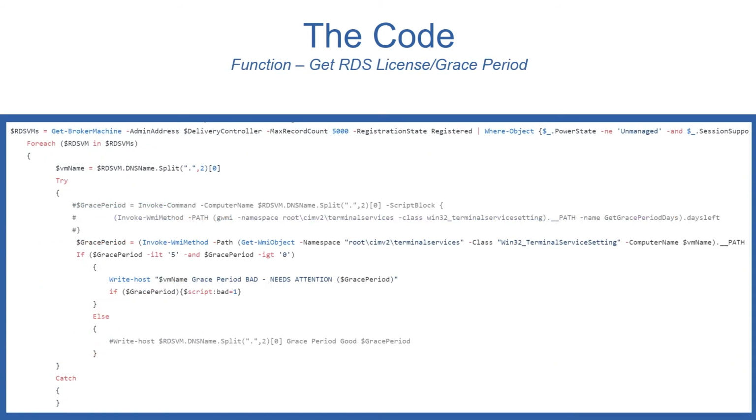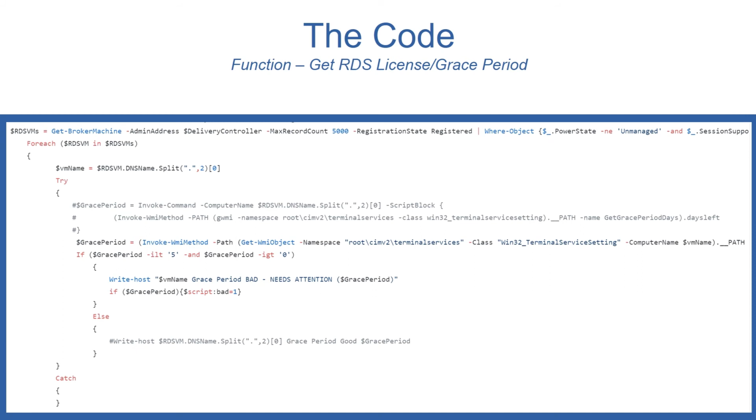Here's a Get RDS License Grace Period script for those of you that have RDS or server OS based VDAs in a non-persistent environment. Sometimes it can be troublesome. This will reach out to the VDA itself and do an Invoke-WmiMethod on it and basically ask, am I in my grace period or not?